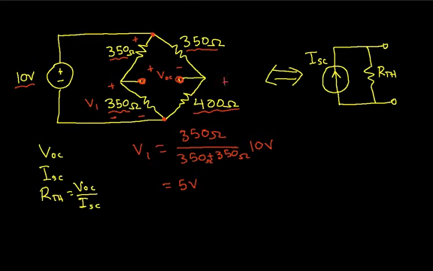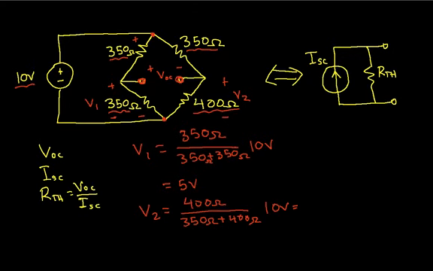So if I define this voltage here as V2, V2 will be 400 ohms over 350 ohms plus 400 ohms times 10 volts, which when I calculate it out, I get 5.33 volts.